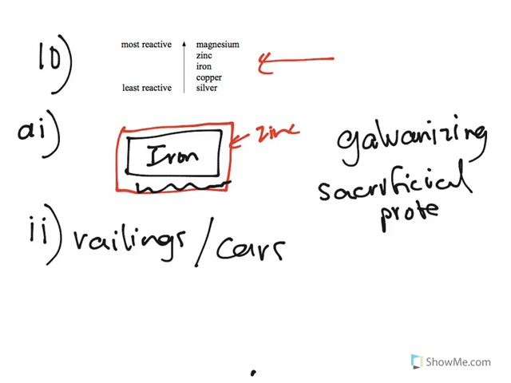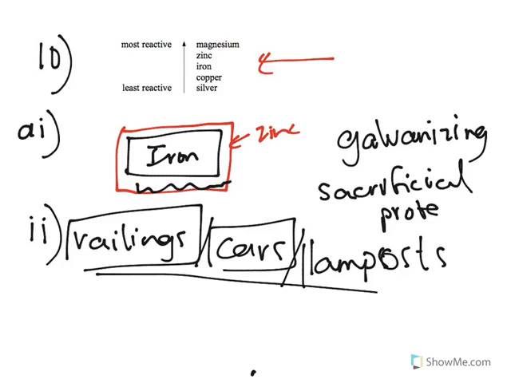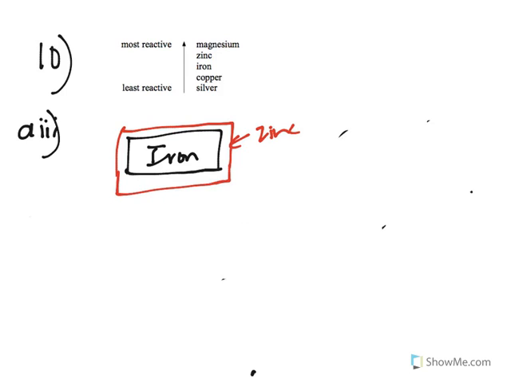It's used in, for example, the lamp posts, they don't rust. It's just used in a lot of different things which use metal. So these are a few examples. Usually what I would do is I'd just memorize two or three, so just memorize these three. And that's it.